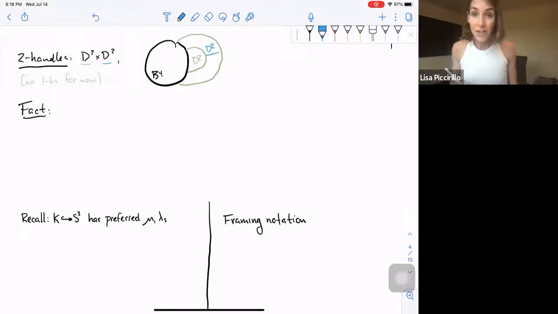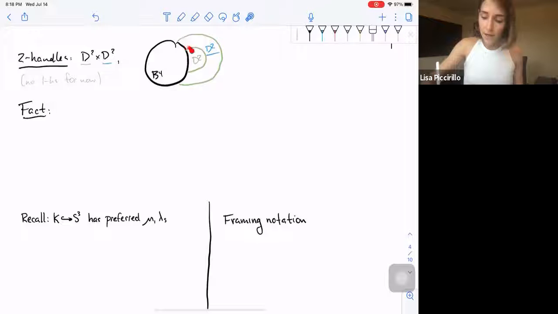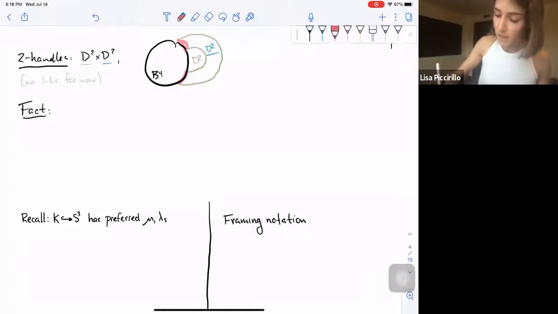So if I want to draw now a handle diagram for attaching a two handle to the four ball, now remember my handle diagram, it just records what parts of my handles intersect the boundary of the four ball. So again, well, that's just going to be sort of these feet here. But what are these feet for this index?